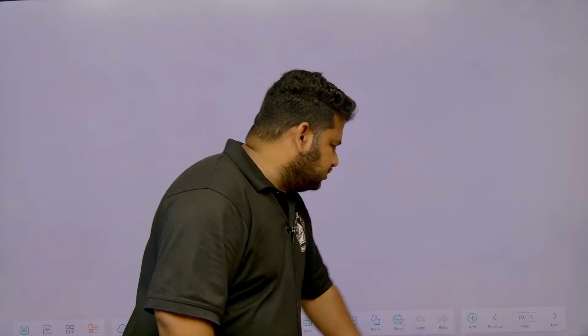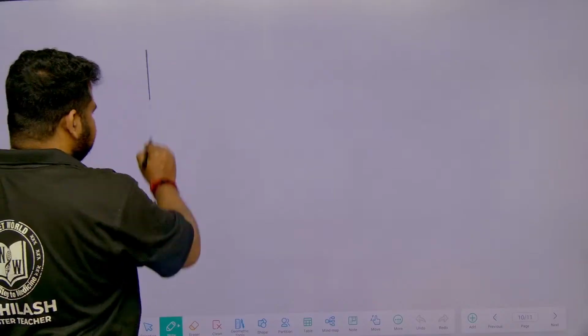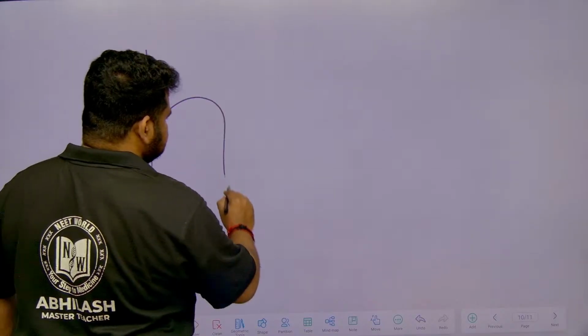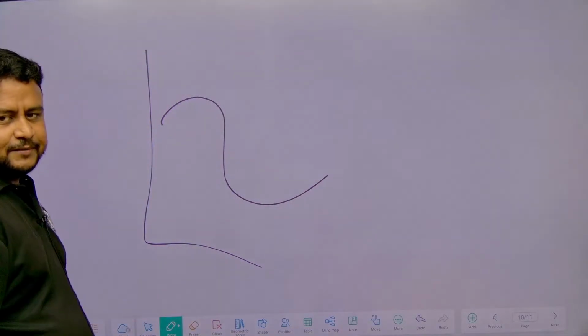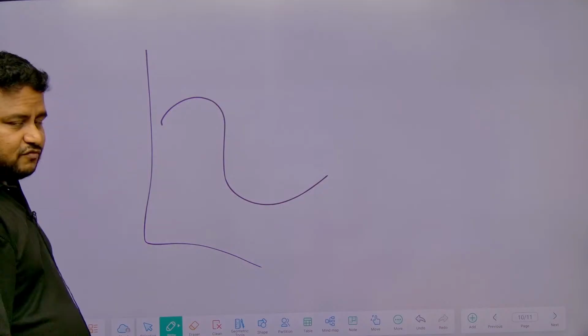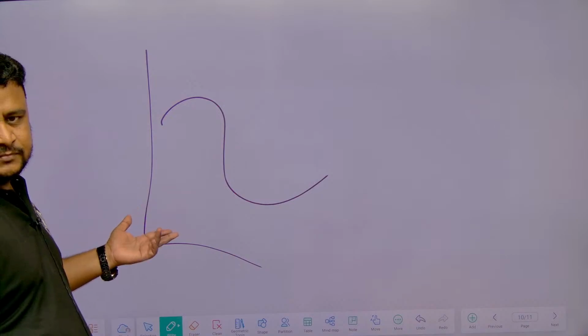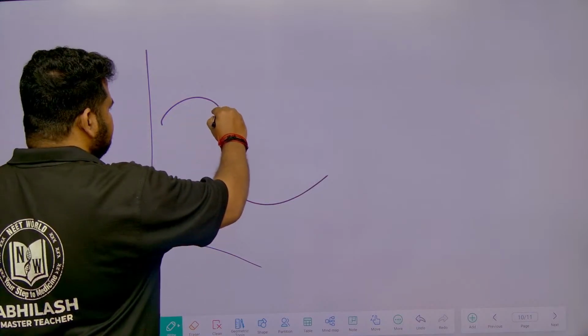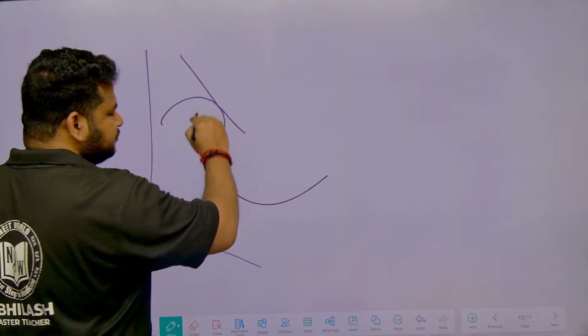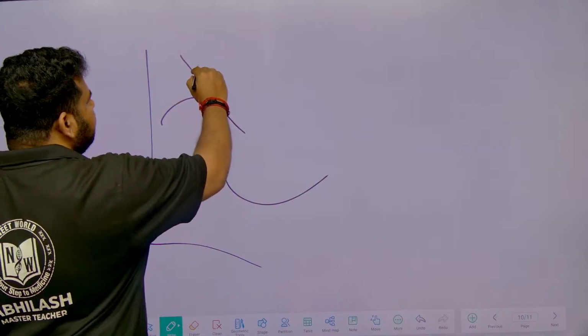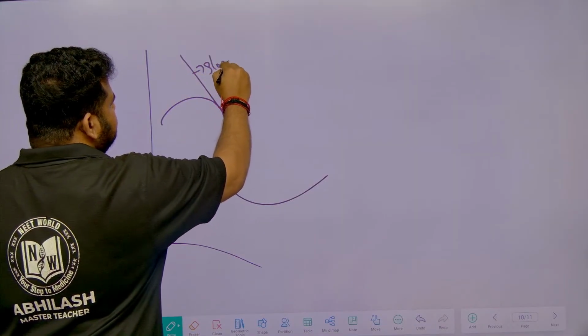Okay, before we do this, another important application of differentiation is, suppose we are having some curve. For any curve at any point you can draw one tangent.